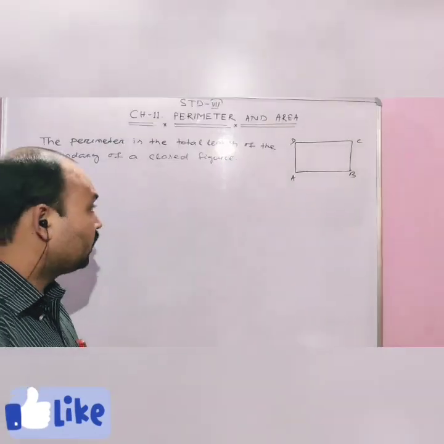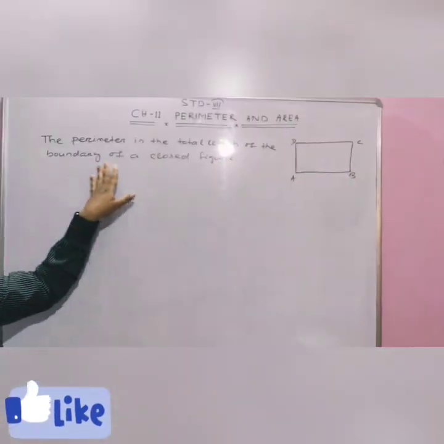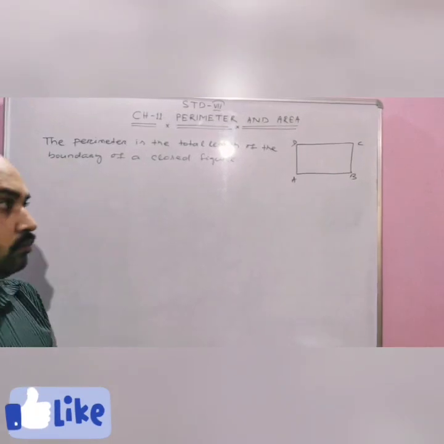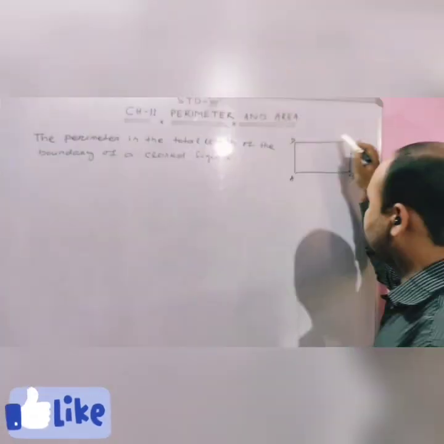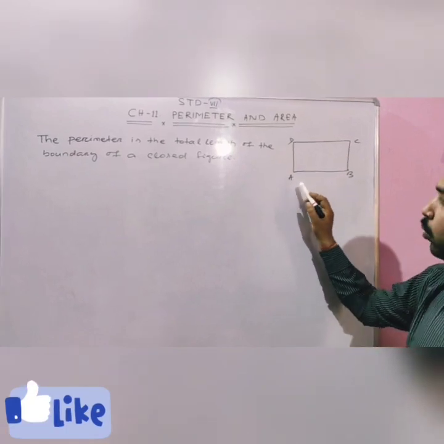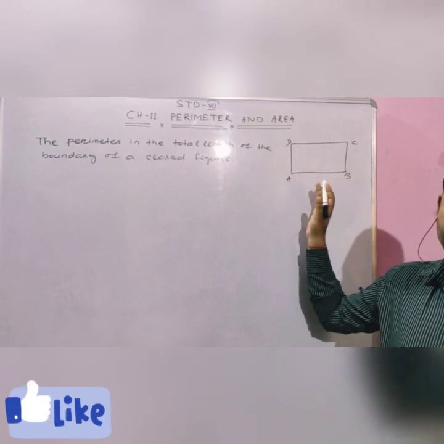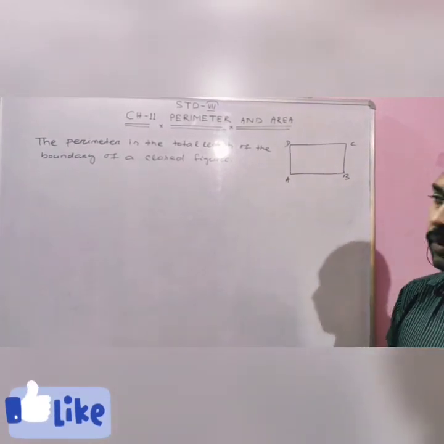Okay? The perimeter is the total length of the boundary of a closed figure. Here ABCD is a closed figure. When we find its boundary, we have to take all the sides and their sum.